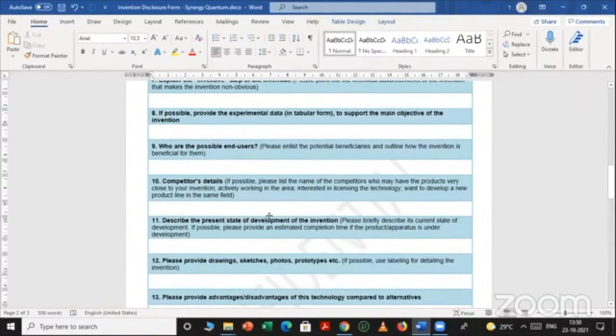Then the 10th point is that you have to list out your competitors' details. Who are the competitors related to your company?